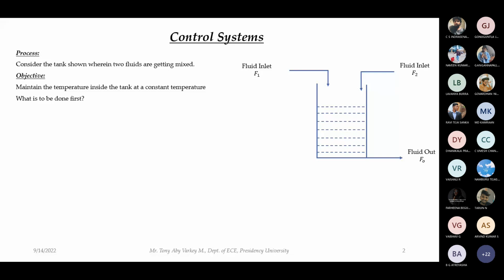Two fluids are coming, getting mixed together at a particular temperature, and then output is produced. The output will be produced only if the temperature is at a particular temperature. So my objective is to maintain the temperature inside the tank at a constant temperature. So what is to be done first? Any idea? Anyone? Please unmute yourself and tell, anybody who is having any idea.